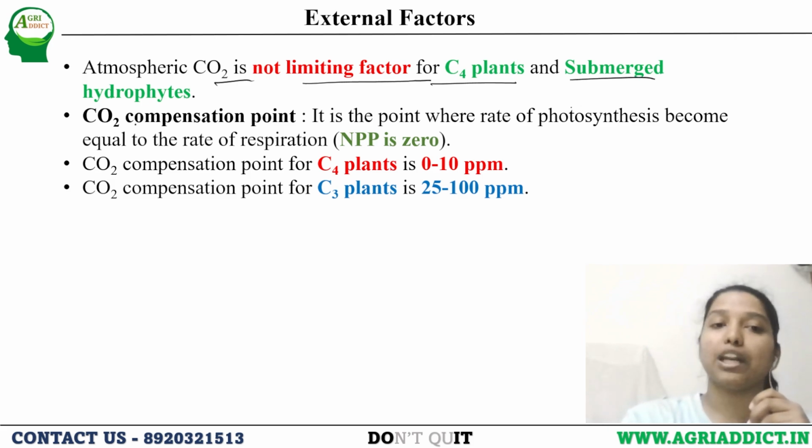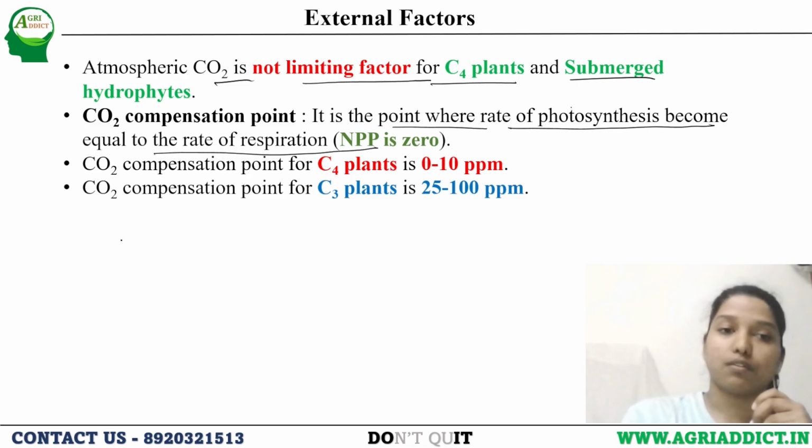Now comes the carbon dioxide compensation point. What is the carbon dioxide compensation point? It is the point where the rate of photosynthesis becomes equal to the rate of respiration. What is happening here? The rate of photosynthesis is equal to the rate of respiration.